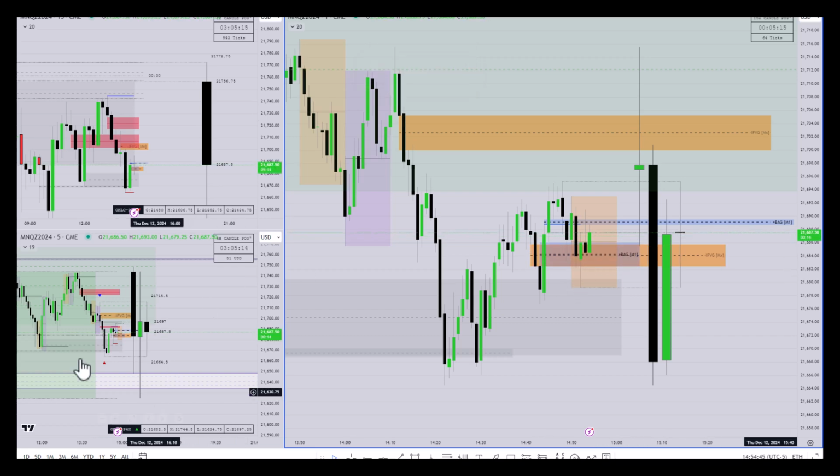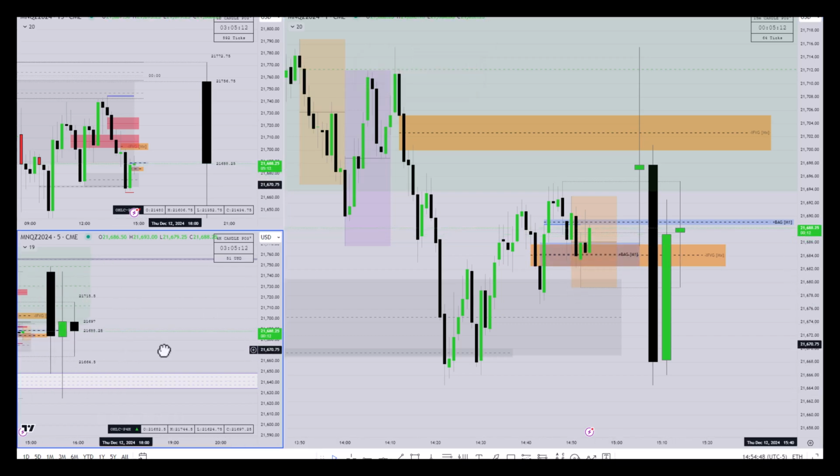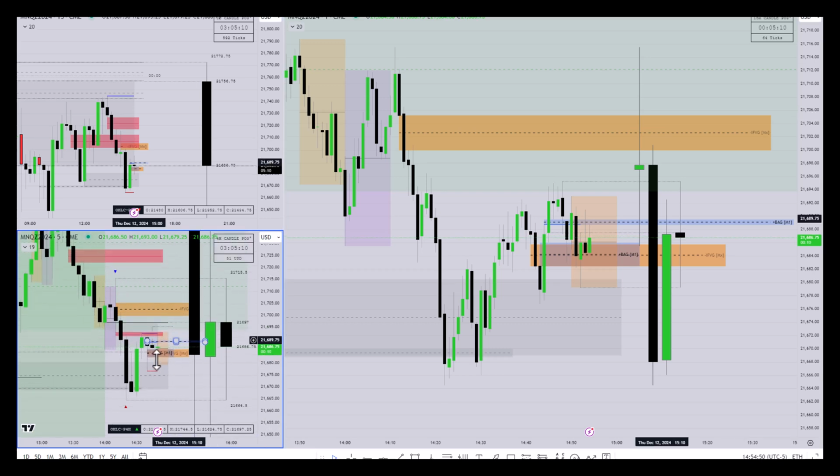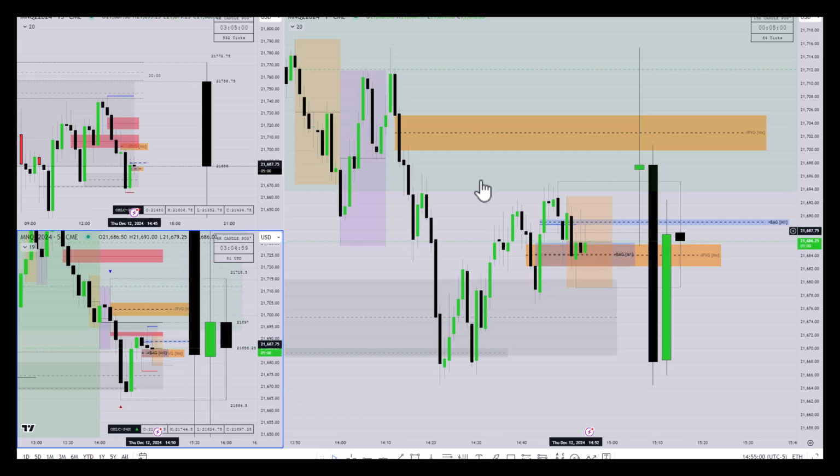Alright, we got a swing. Potential swing low right here. We're going to still confirm, we could still have nice juicy 15-minute up there, so see if we get any displacement here.